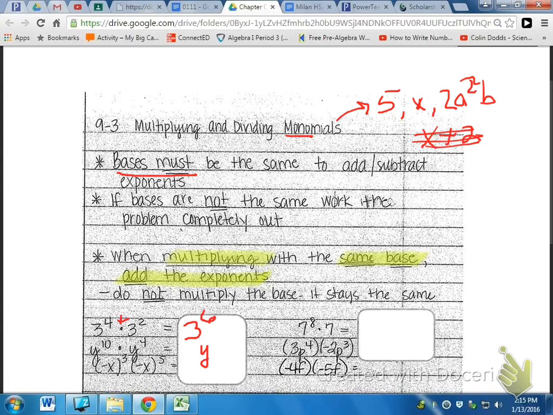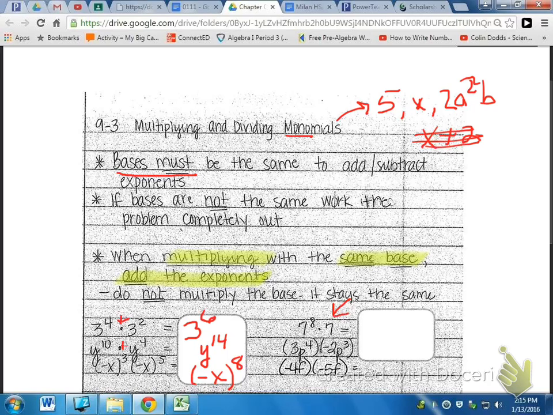You would again have y and add 10 plus 4, so y to the 14th. Next, now there we go with parentheses and a negative again. The parentheses must remain there. Negative x to the 3rd times negative x to the 5th would be negative x to the 8th.